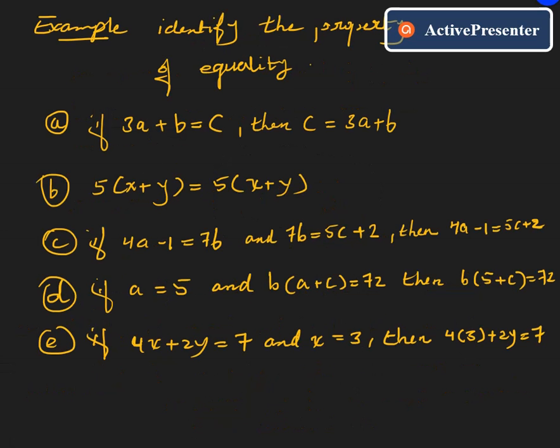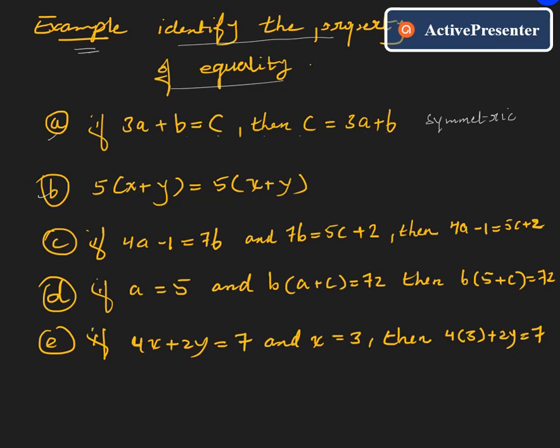Now let's take an example that assists our understanding of the equality properties. The example says, identify the property of equality. The first question says, if 3a plus b equals c, then c equals 3a plus b. This is known as the symmetric property. The second question says 5 multiplied in xy equals 5 multiplied in xy.